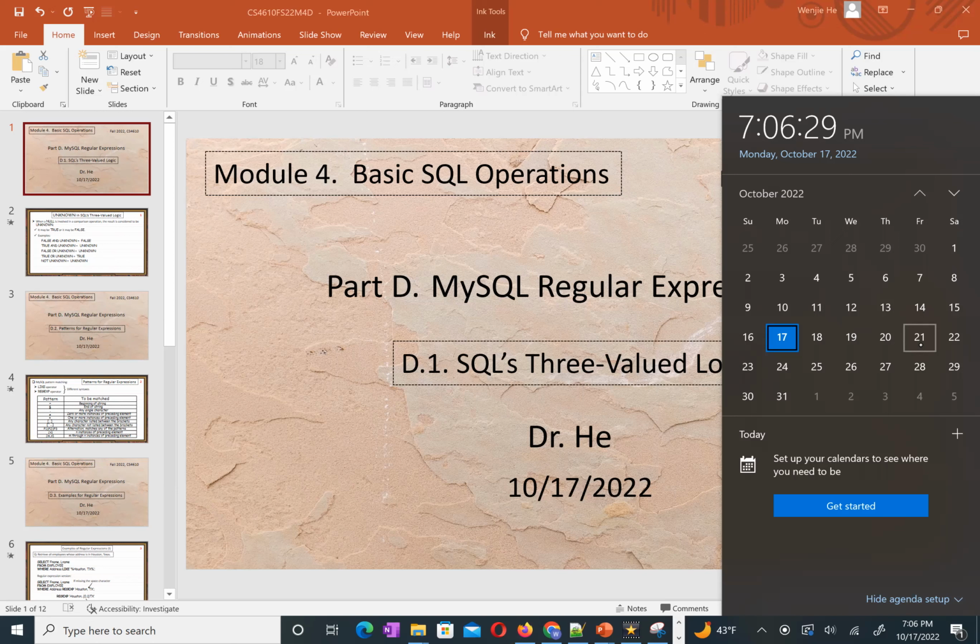Homework assignment number 2 is mainly practice on query questions. There are a total of 25 questions: first 10 concept questions, then 15 query questions.